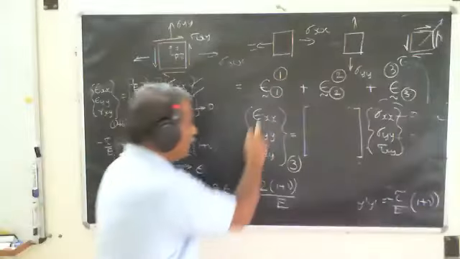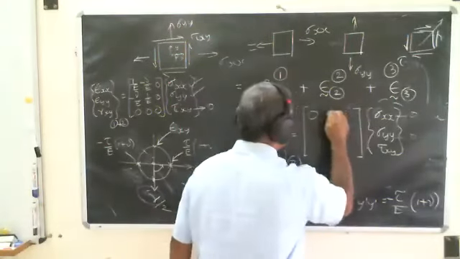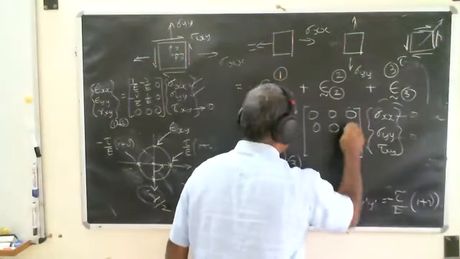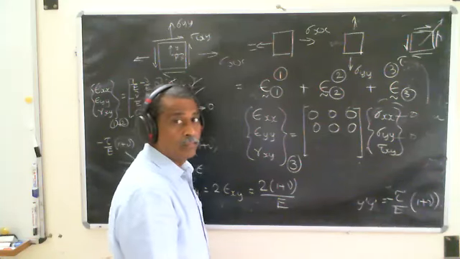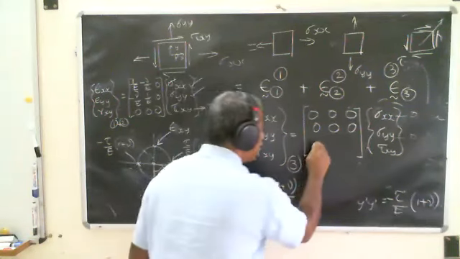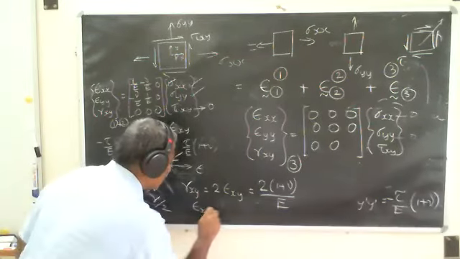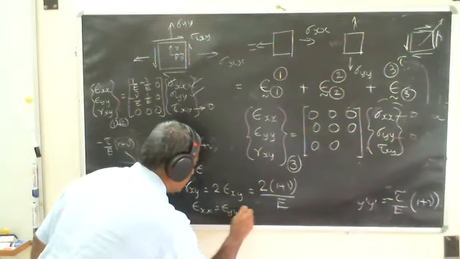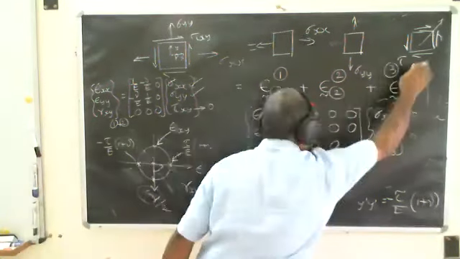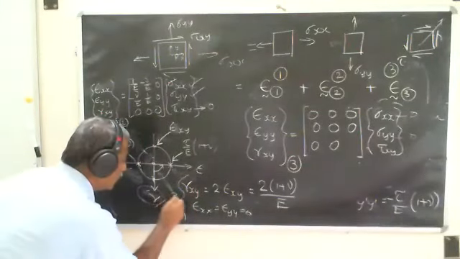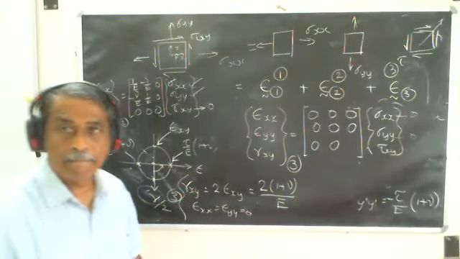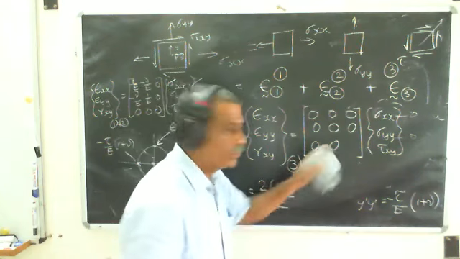These two have to be 0, so I'll put the 0. The other thing that I notice is these two are 0 because I have epsilon xx is equal to epsilon yy is equal to 0 for this condition, for the third condition. Correct? And therefore, the two zeros come in.